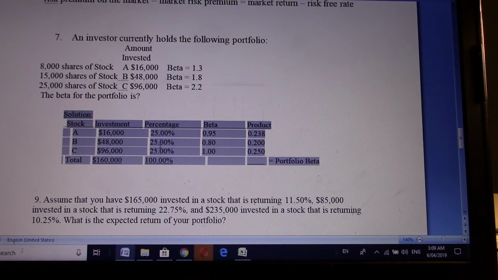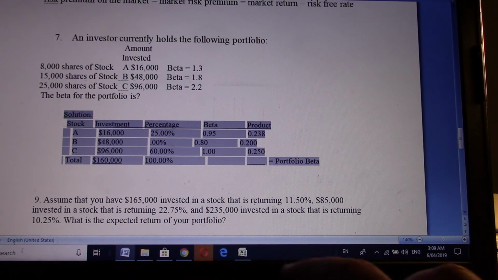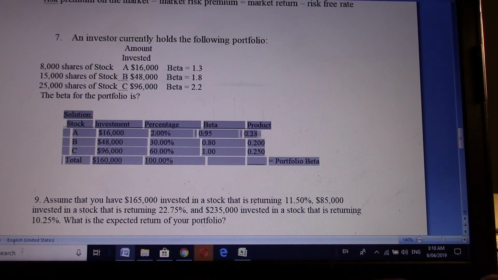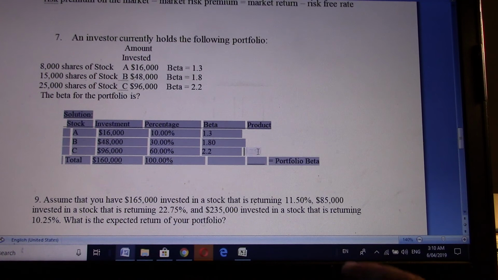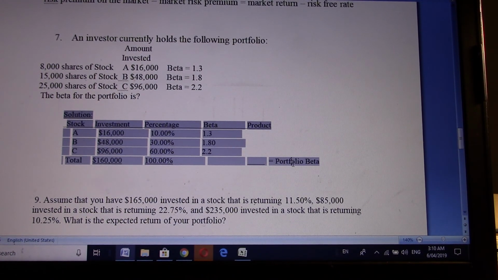So the percentages should be 60, 30, and 10, and that's right. And the betas should be 1.3, 1.8, and 2.2. Right, and then you can multiply the percentages by the betas and add them up, and that will be your portfolio's beta. Okay, so this is this question.